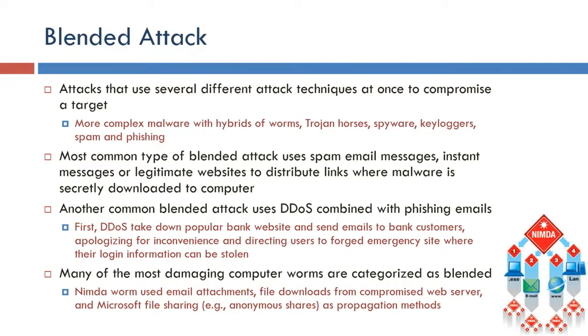Imagine the following scenario. There is a bank that was attacked by a distributed denial of service attack that took down the servers of that bank. So people who have accounts at that bank cannot access their accounts.